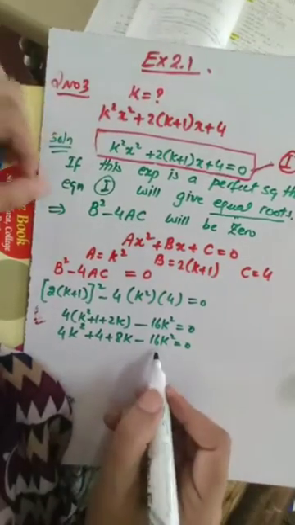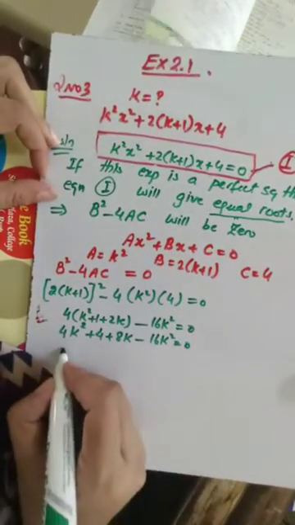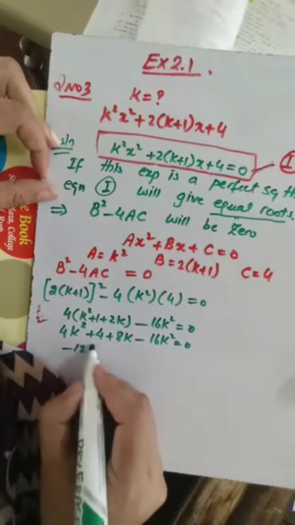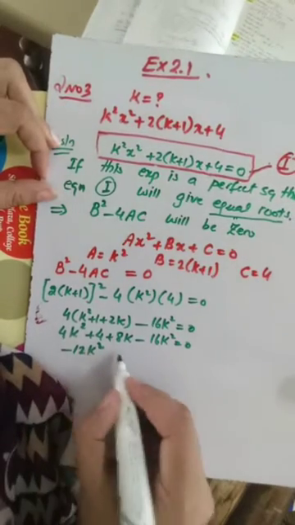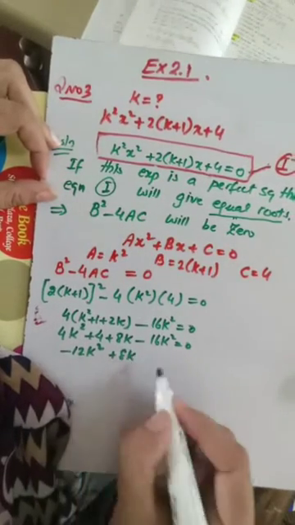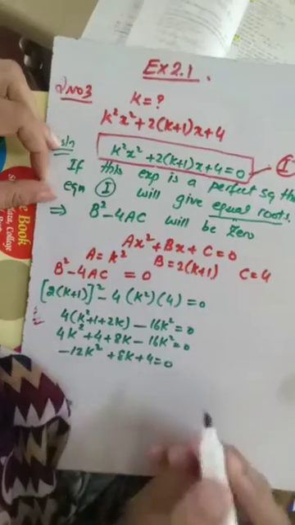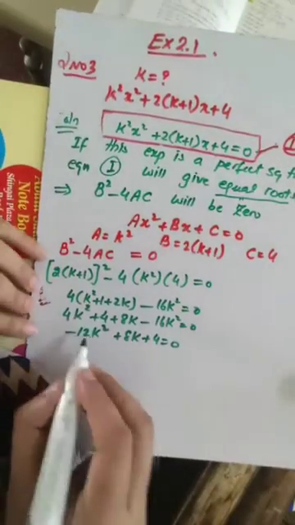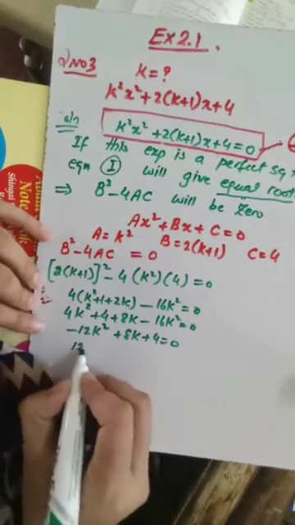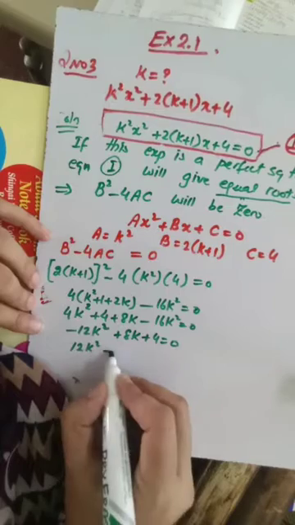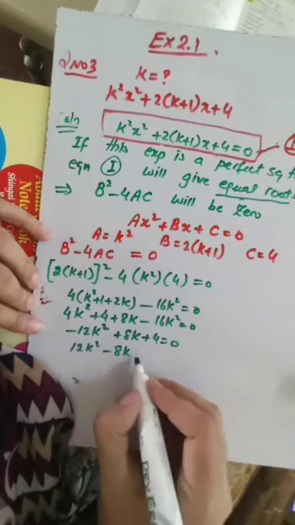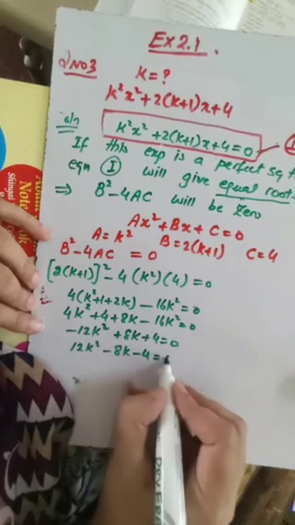So 4k square minus 16k square is negative 12k square plus 8k plus 4 equal to 0. Multiplying both sides by the negative sign, we get 12k square minus 8k minus 4.